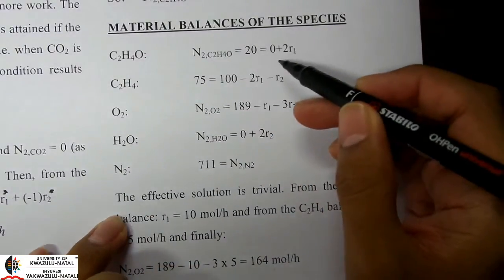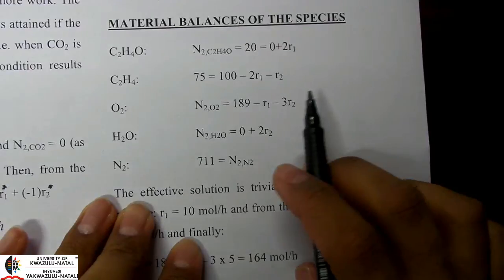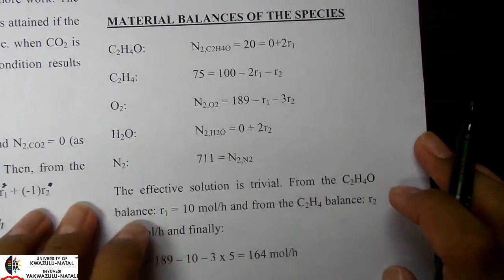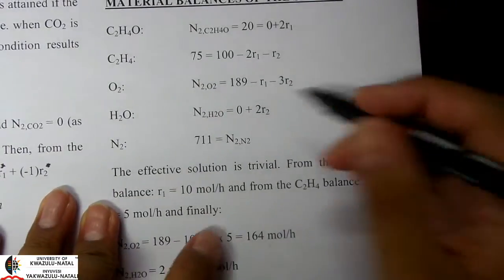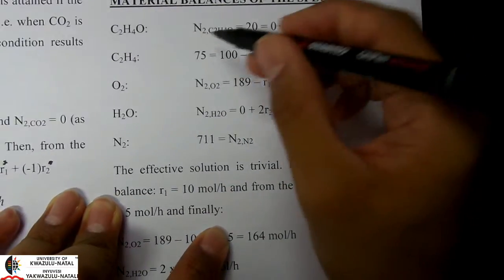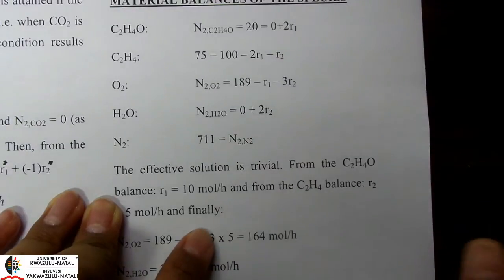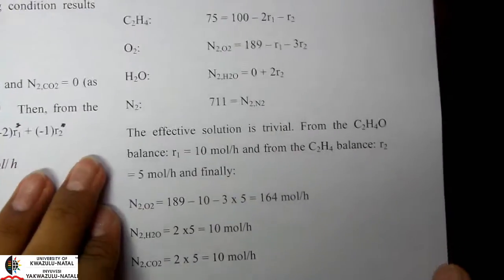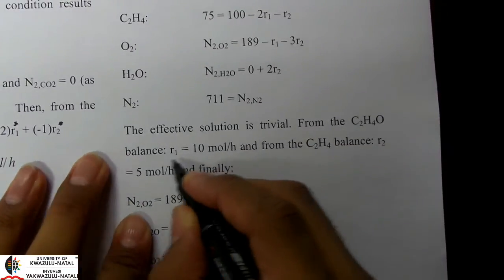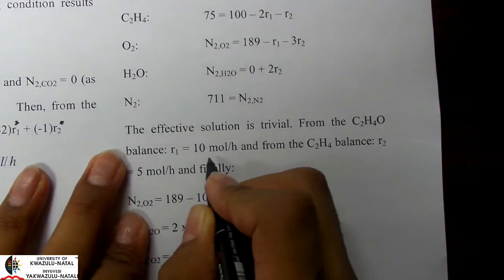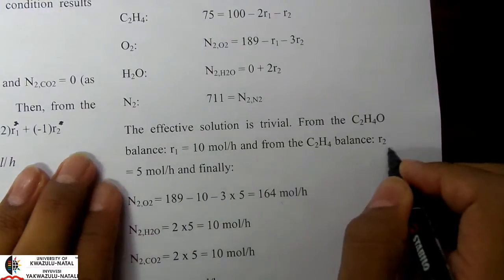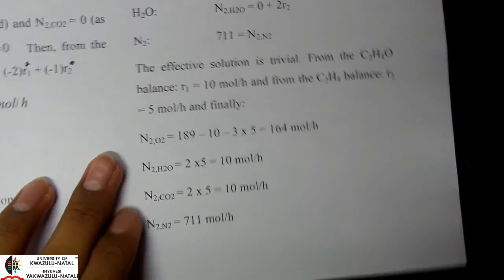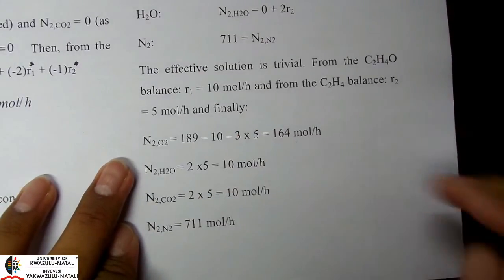Output equals input plus the summation of VIR for each of our components, and thereafter we can solve either sequentially or simultaneously for all of our unknowns in this material balance system. Okay, so we end up getting R1, the actual R1, to be 10 moles per hour, the actual R2 to be 5 moles per hour, and ultimately all of the output flow rates of each component.